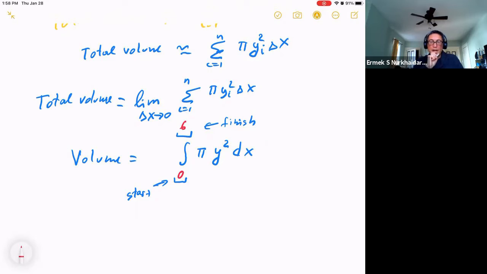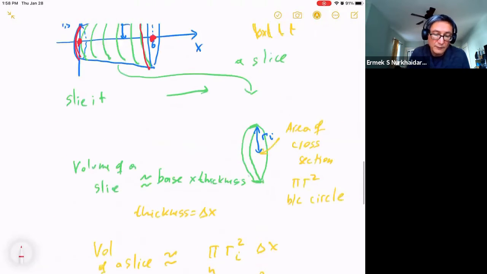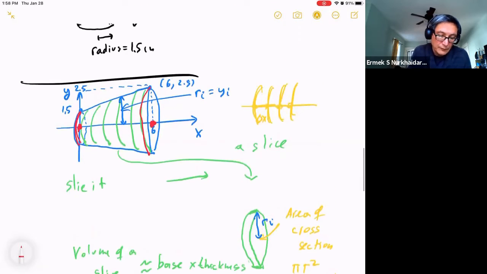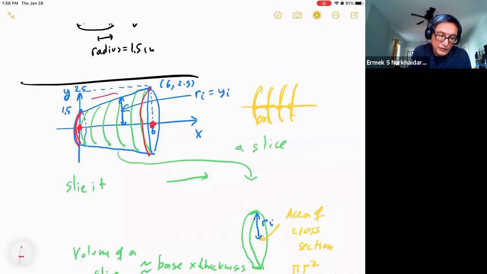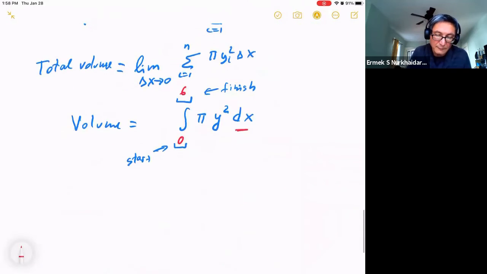Okay. And it's tempting to write down that the antiderivative of y squared will be y cubed over 3. But unfortunately, we have dx here, which tells us that we have to finish our substitution and write everything in terms of x. So let's look at our picture one more time. y will come from this straight line. So let's copy that picture maybe here.